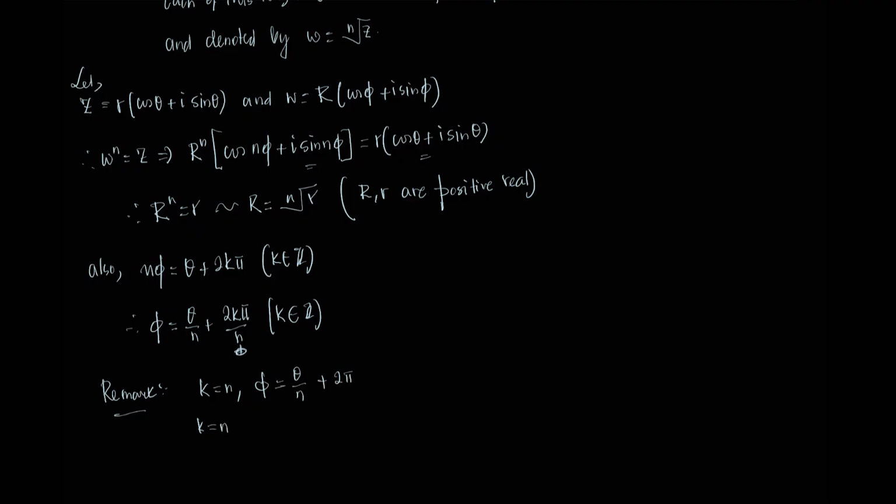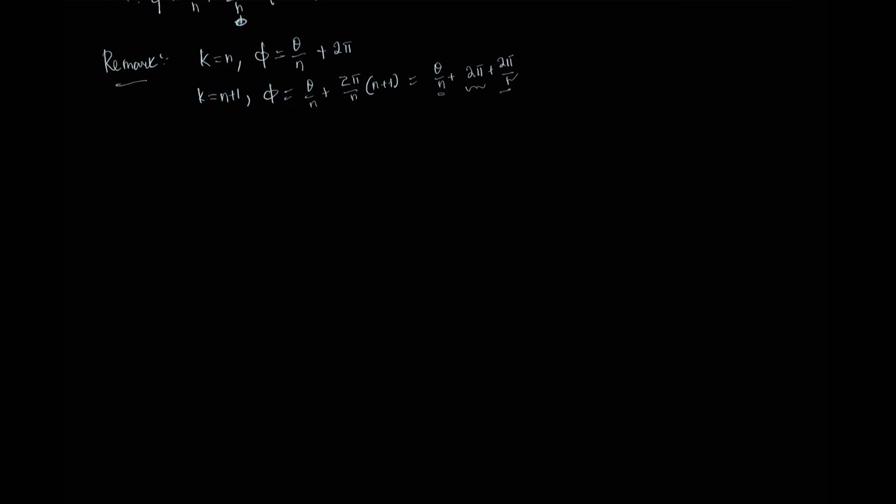When k equals n plus 1, phi becomes theta by n plus 2 pi by n times (n plus 1), which is theta by n plus 2 pi plus 2 pi by n. So you are actually adding a 2 pi after that. Essentially we get the total number of values like this, so let me write it properly here.